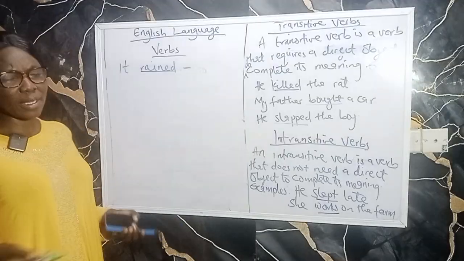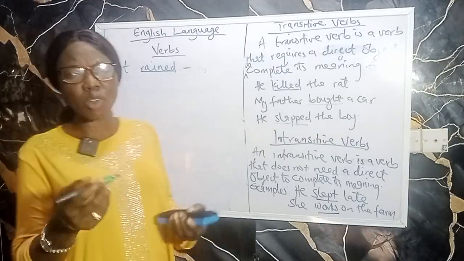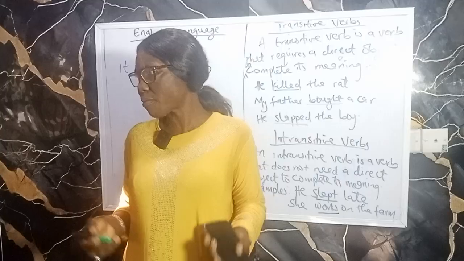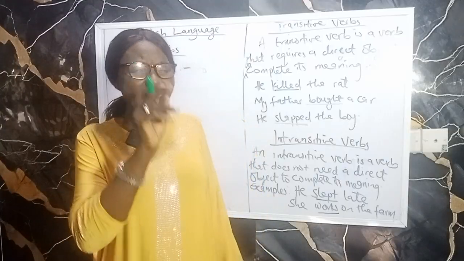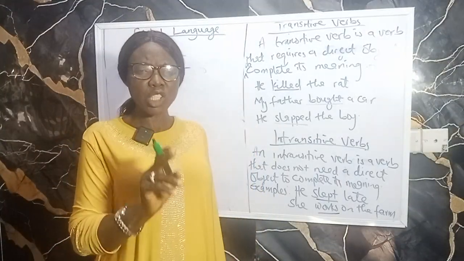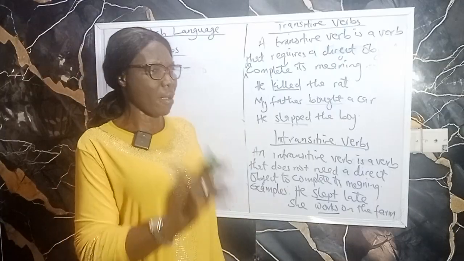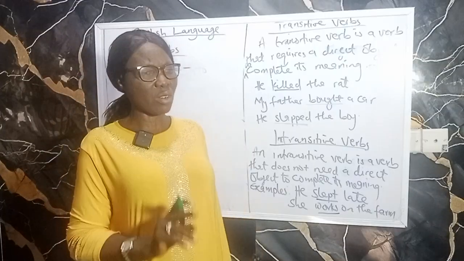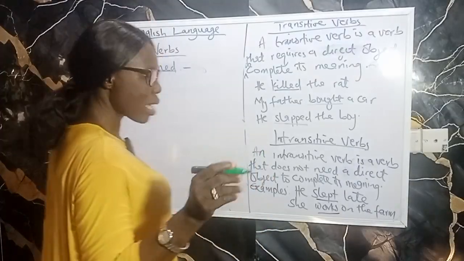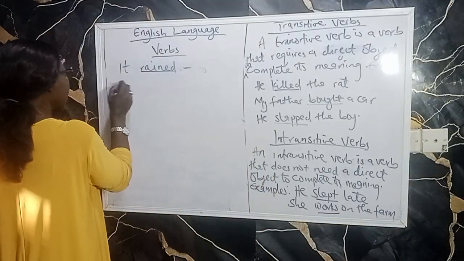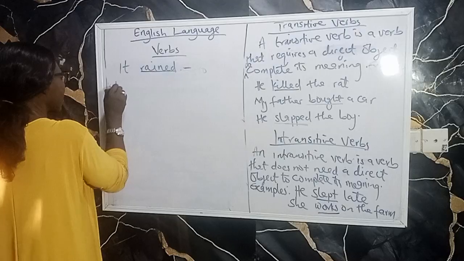Now let's look at some other verbs that can function as both transitive and intransitive verbs. I mean, a particular verb can function as a transitive, and that same verb can function as an intransitive verb. Let's look at some of them, such as ate.